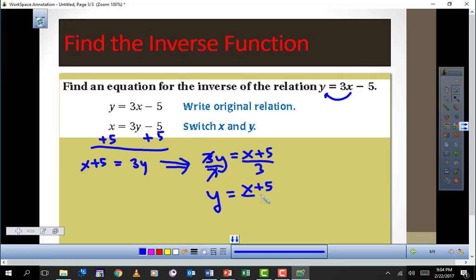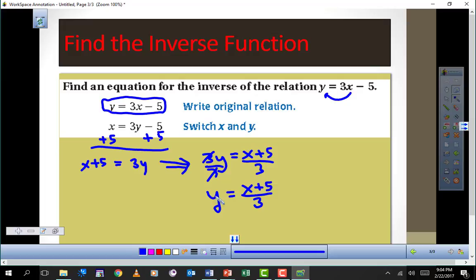Now, this idea of switching the variables is the way that we find the inverse. What we do is, this isn't really what y is. y is actually equal to this. That's what y is. So this here is not really y. What I want to get at is this. The way we find the inverse is to switch the variables and then solve for y.